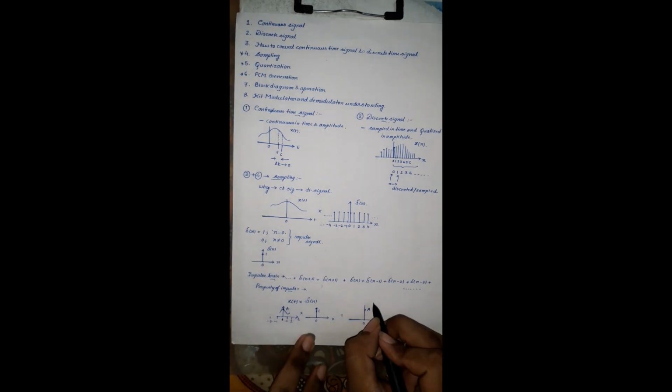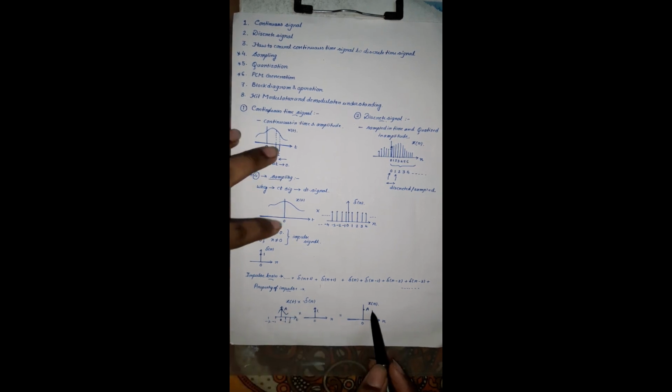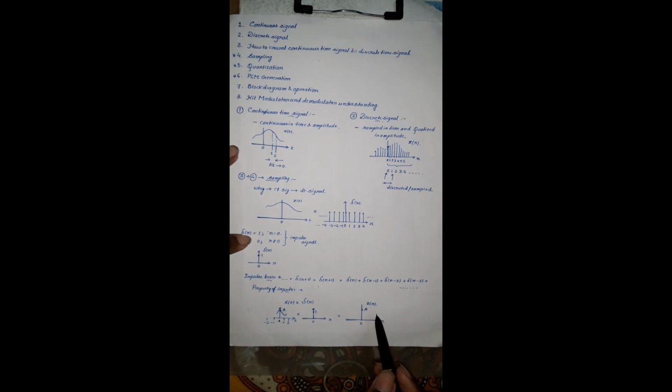So now what is this? This is actually x of n. X of n means at n equal to 0 you will find the result only, which is nothing but the same amplitude that was present in the same signal when it was in continuous time, okay, and the other values of the signal will be 0.